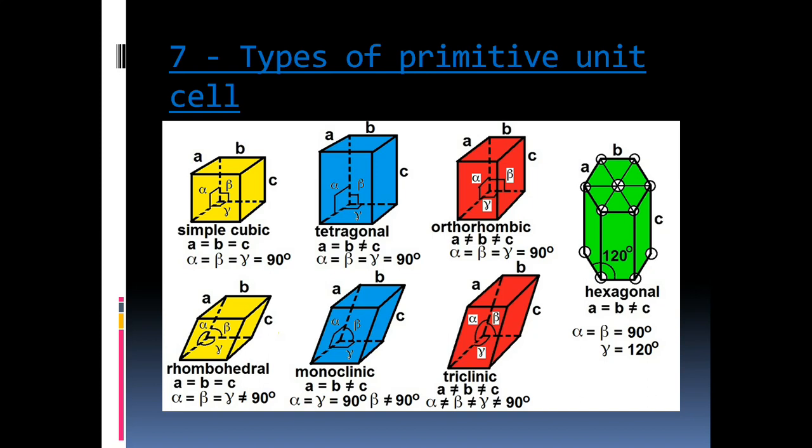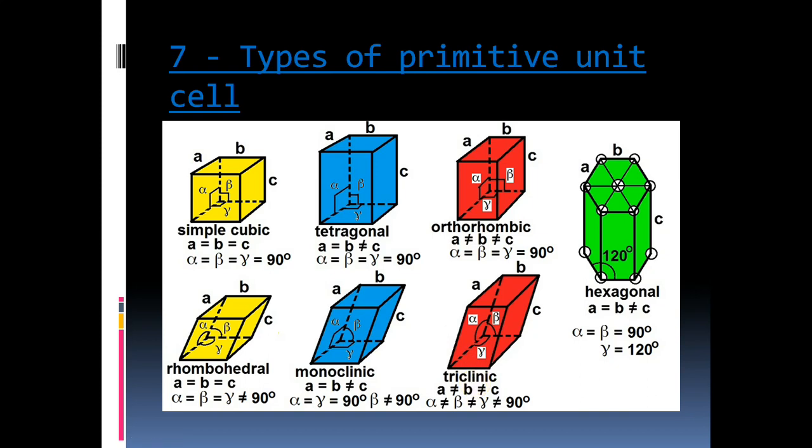The first one is simple cube, second tetragonal, third orthorhombic, fourth hexagonal, fifth rhombohedral, sixth monoclinic, and the last one is triclinic. Out of the 7 unit cells, the most symmetric one is simple cube and the most unsymmetric one is triclinic.